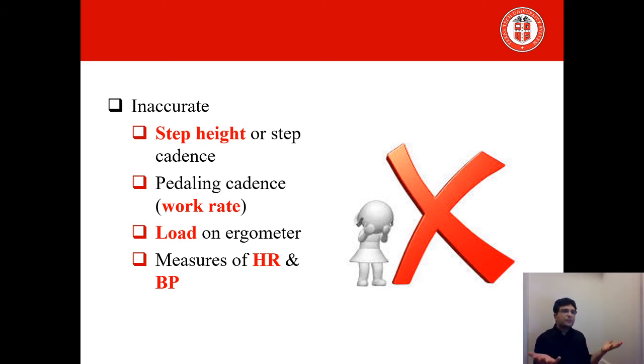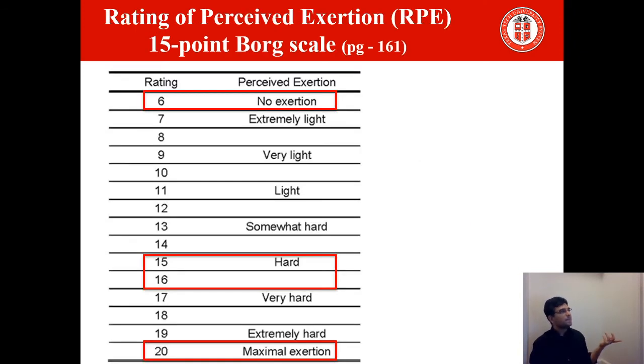So the idea of this slide is just to make you aware of the potential sources of error when you are making somebody exercise, as far as these 2 exercise tests are concerned. Just be aware of these points and be a bit careful while making that person exercise and recording these measurements.